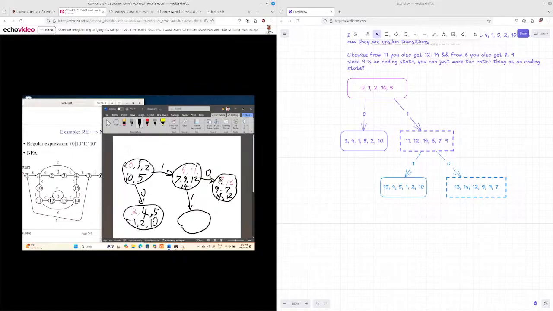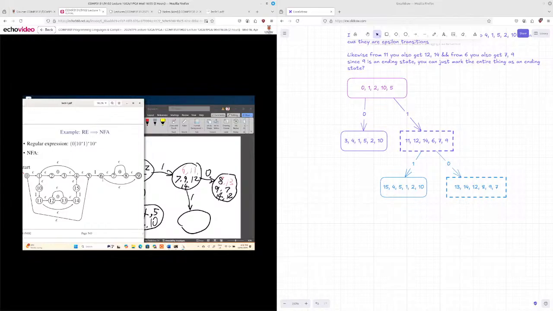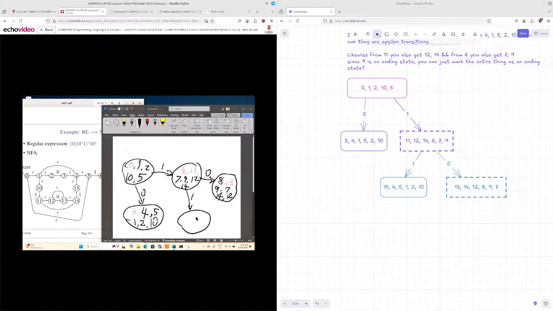We're looking for the transitions labeled by 1. 6, 11, 7, 9, 12, 14. Okay. So we can go from 14 to 15.